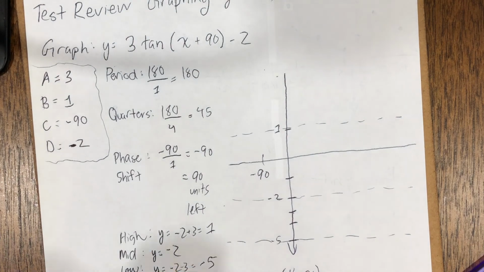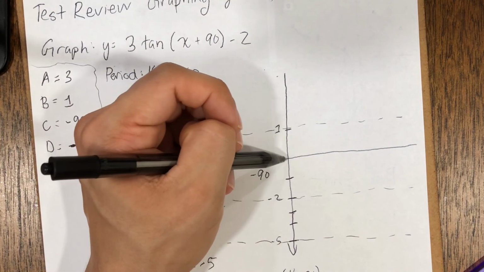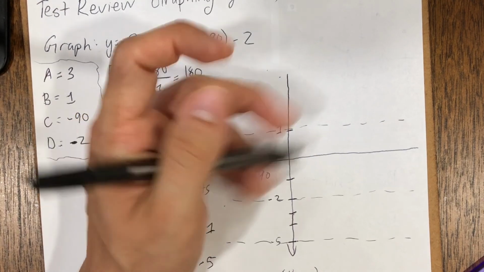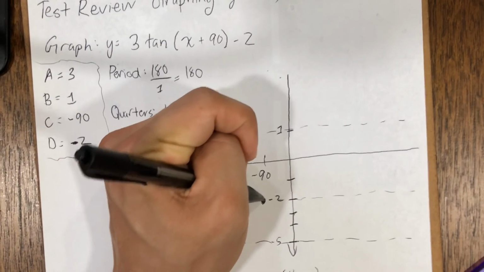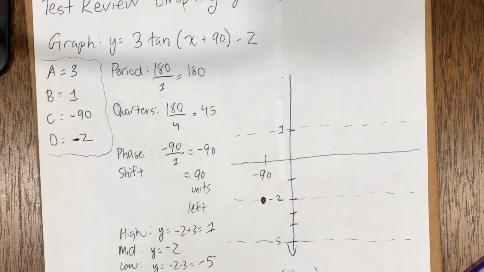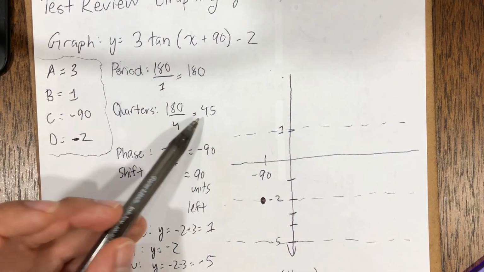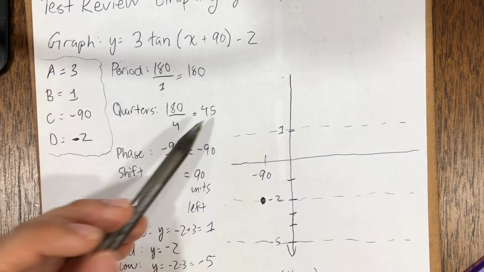Usually we would start at 0, 0 for tangent, which would be the mid, but now we're going to be starting at negative 90, negative 2. Now I'm going to figure out the rest of my x values. Remember, the quarter is 45 units.